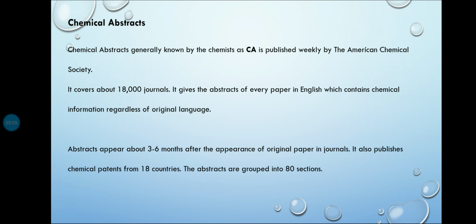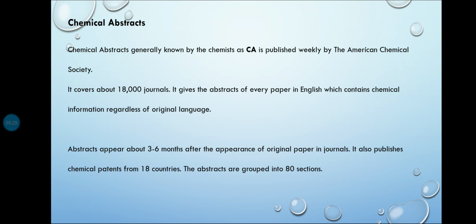Chemical Abstracts, generally known by chemists as CA, is published weekly by the American Chemical Society. It covers about 18,000 journals.